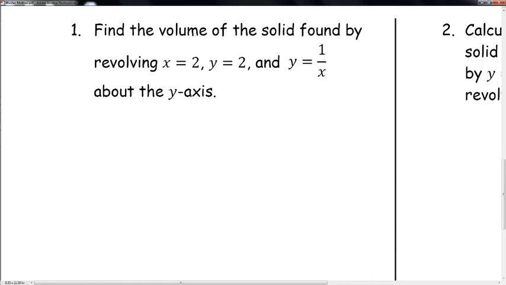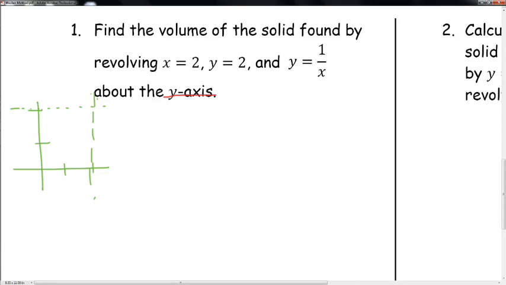Alright, number 1, find the volume of the solid found by revolving x equals 2, y equals 2, and y equals 1 over x about the y-axis. So since we're talking about the y-axis, I know that I'm going to be dealing with dy. So 1, 2, 1, 2, and so these are lines. Sorry, that one was pretty bad. That's better.